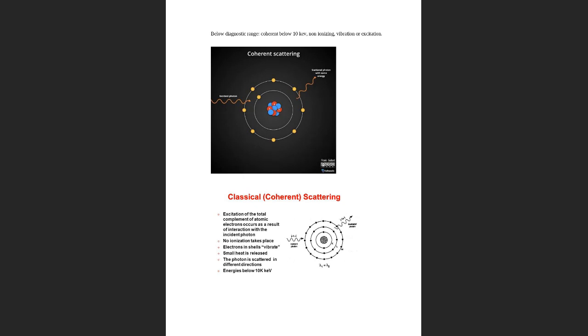We have the incoming X-ray photon, real low energy. It comes in one direction, and it leaves in a slightly different direction. Okay, that's what's happening there. So it's a vibration or an excitation to the atom, and that's it. Some of the things to recognize about coherent is it can be referred to as classical, Thomson, Rayleigh, several different names that you would want to recognize.